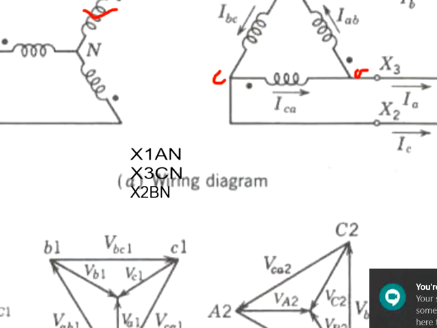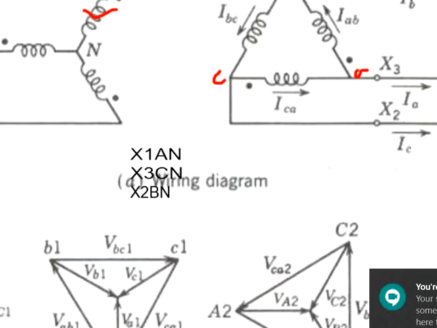This terminal is parallel with this terminal. So what I mean to say is VA1 equals X1A, because this and this will be same. Sorry, it is not X1A, because this and this will be same. So VA1 equals X1B.